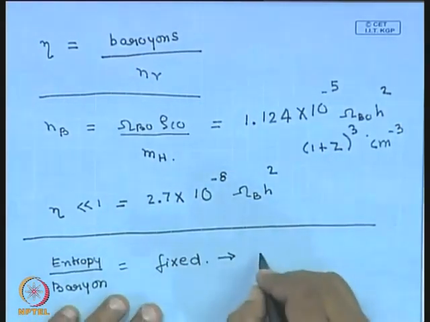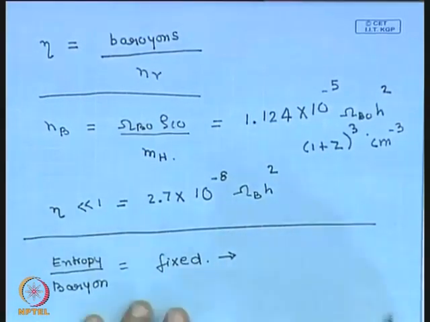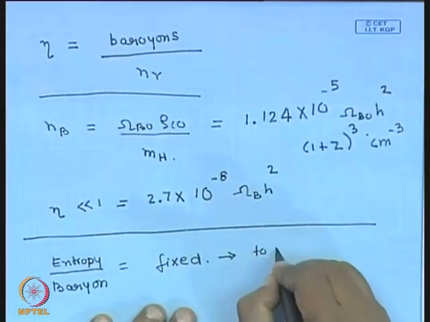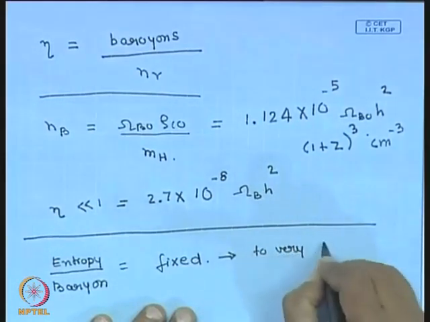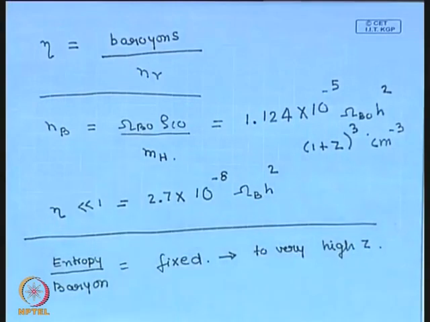Okay, not over all redshifts. This ratio is fixed till the epoch of positron-electron annihilation.